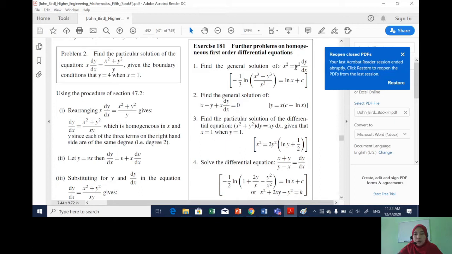x squared equal to y squared times dy dx. Remember, in the homogeneous form with separable, first we have to transform the original equation into dy over dx equal to q over p, and then we use the substitution y equal to vx, where dy dx is equal to v plus x dv dx, right?